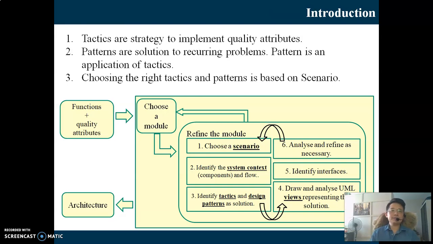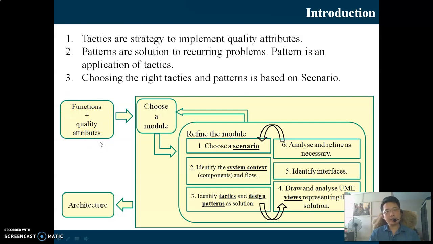Recall the following. When we want to design the solution of a software system, we do requirement analysis. Look at the figure. In requirement analysis, we will identify the business functions and the quality of the solution to achieve the functions. Having done so, we need to come out with a solution design.